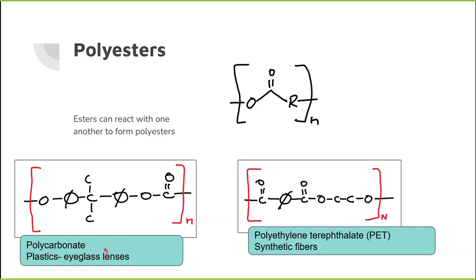So you've probably heard of polycarbonate glasses, and that's what that's referring to. And you'll notice that there are benzene rings in here, and there's a benzene ring here as well. Again, I'm not going to ask you to memorize these, but just knowing that your esters can polymerize and make long chains.